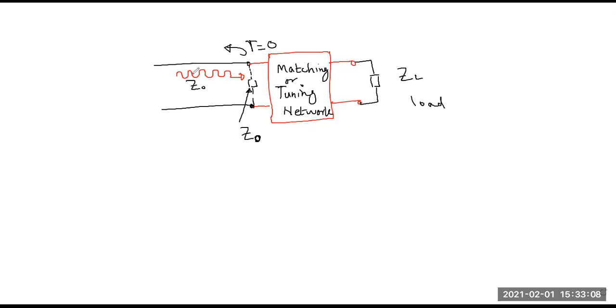Because from this signal's perspective, the signal finds that in between these 2 points, the impedance is equal to Z naught. So what has happened is this matching network has converted this load impedance ZL to Z naught. As a result, we get this behavior.